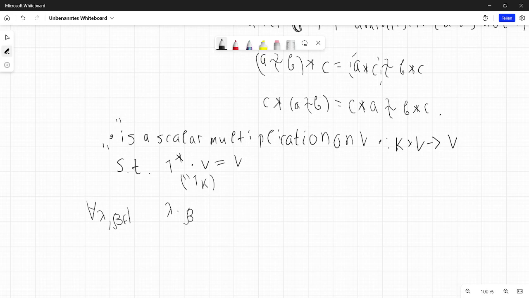This is in K, and this is in V. So first compute that in the field, and then we apply the scalar multiplication in the vector space. And pay attention. Okay, I should pay attention myself. This is in the field, so this is star multiplication, and this is multiplied now by the scalar multiplication, and this is some kind of pseudo associativity.